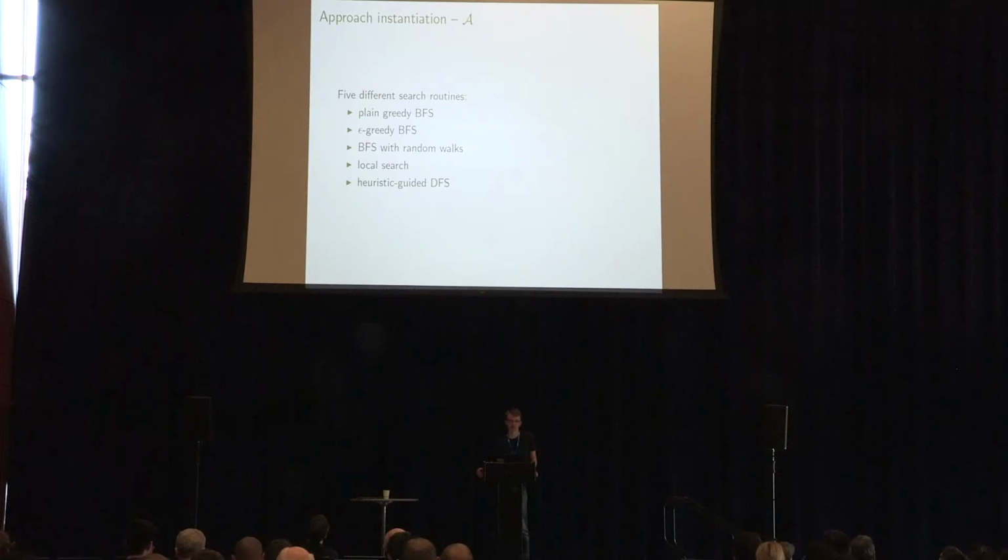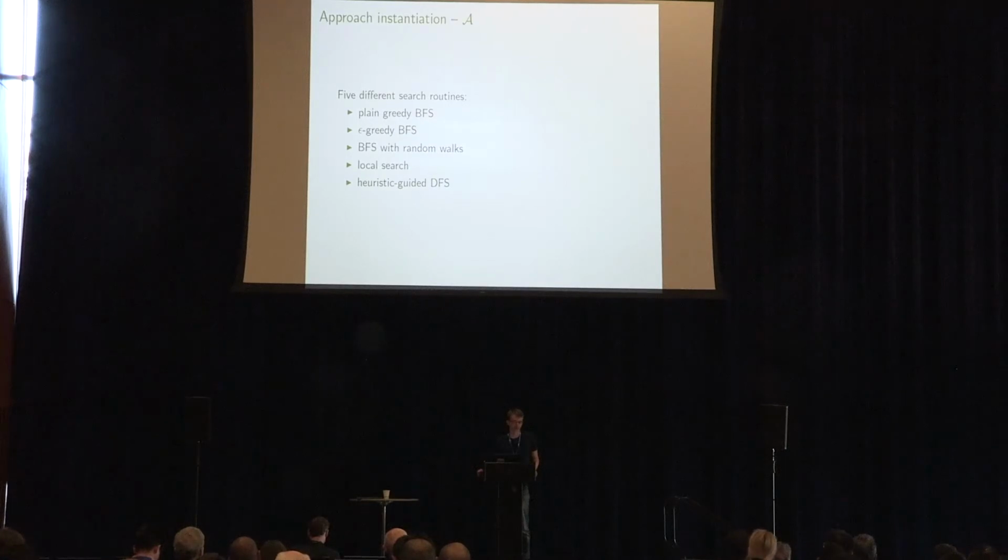Regarding the action space, we define 5 search routines. One is plain greedy best first search. The second is epsilon greedy best first search. So choosing the best state in the queue with probability of 1 minus epsilon and a completely random state from the queue otherwise. Another one is best first search, augmenting each state expansion with a number of random walks.